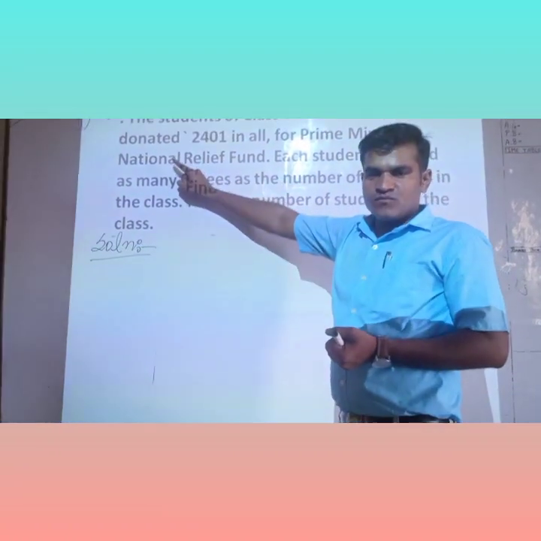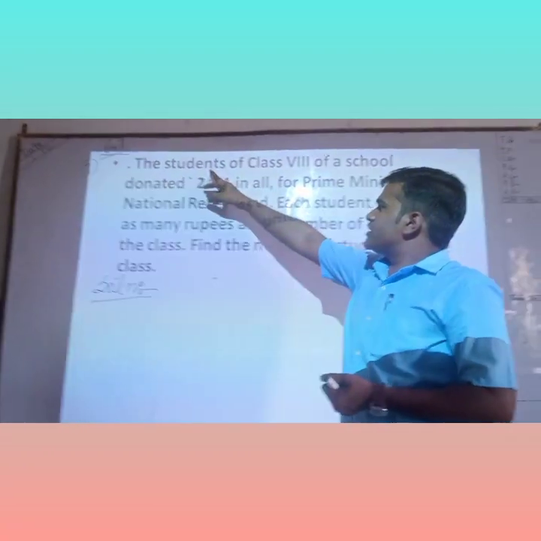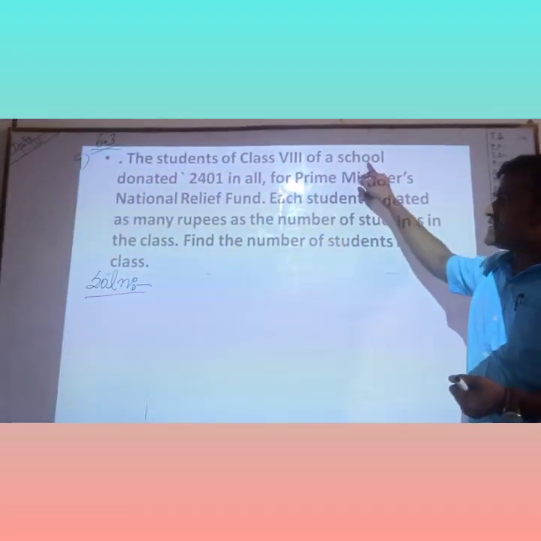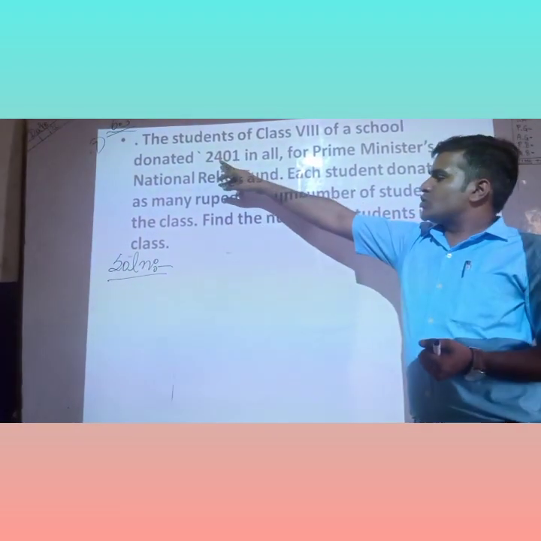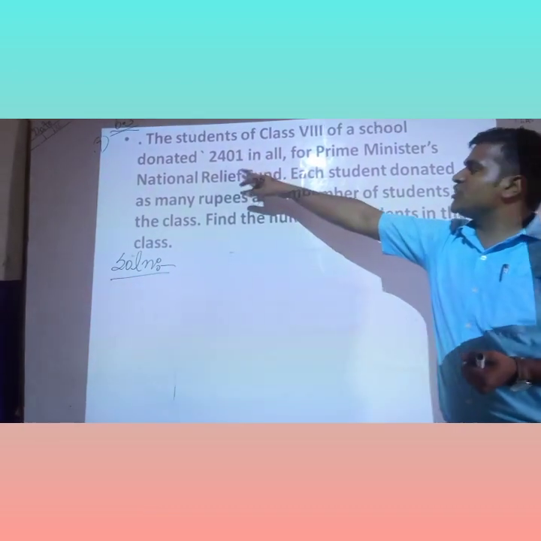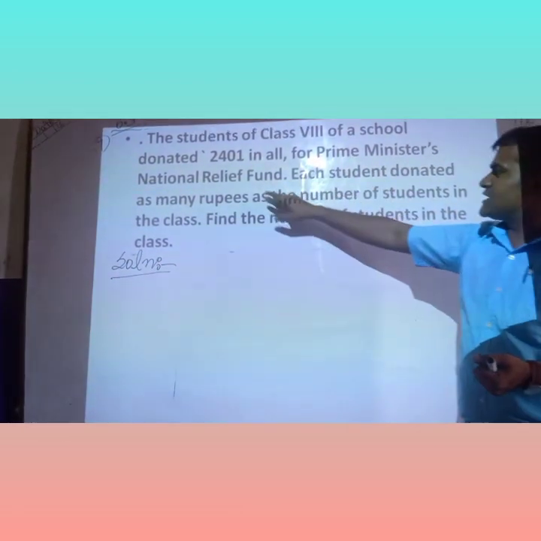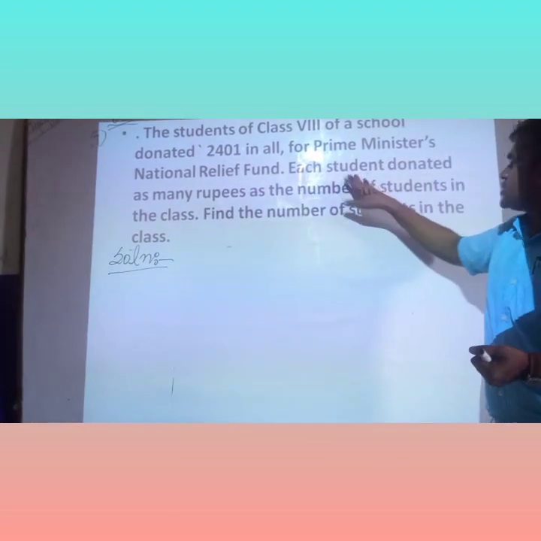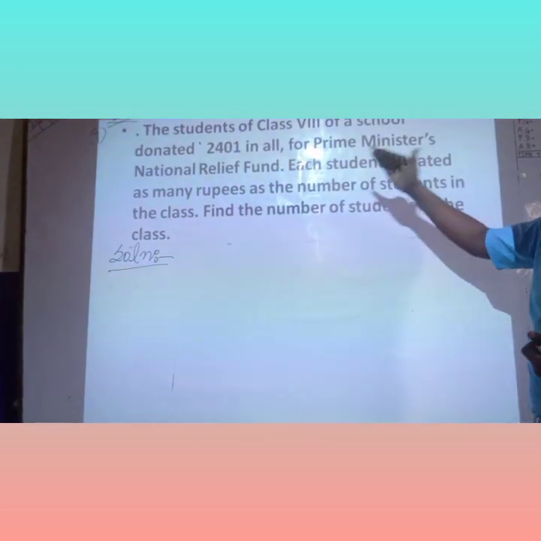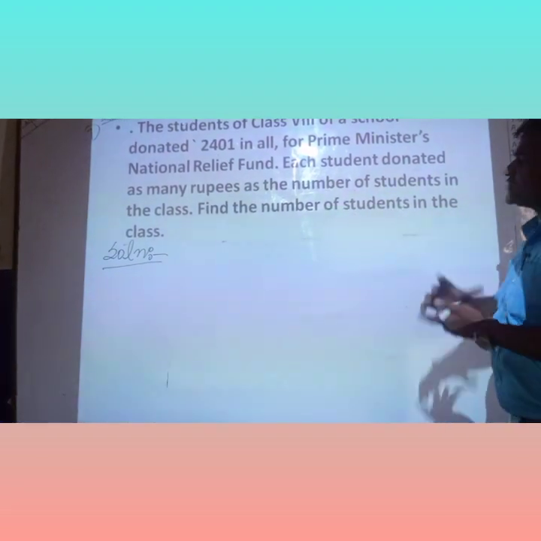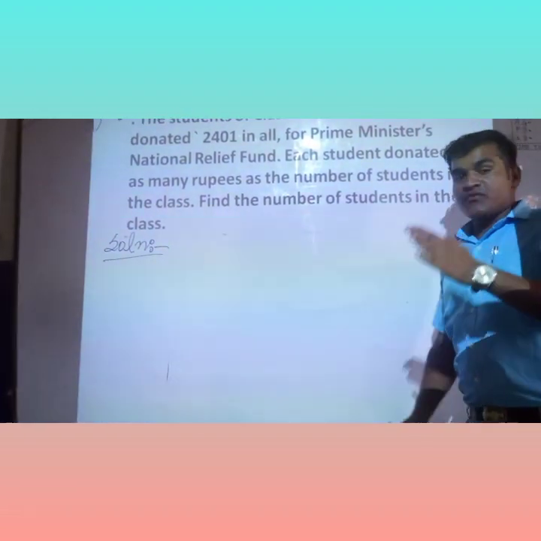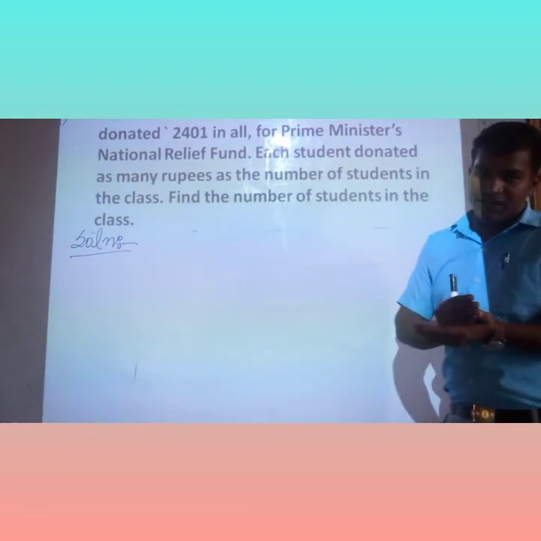Question number 7. This is given: the students of class 8 of a school donated 2,401 rupees in all for the Prime Minister's National Relief Fund. Each student donated as many rupees as the number of students. It means every student has given equal money.